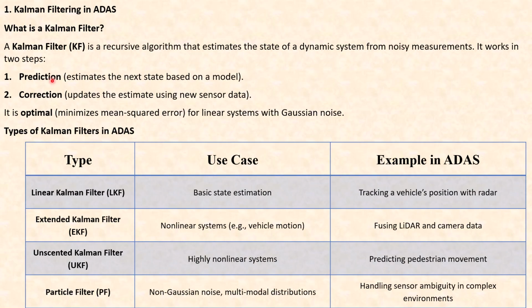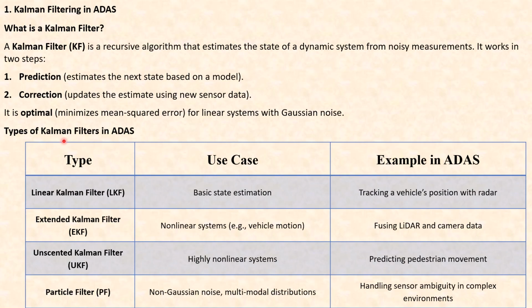It works in two steps. First is predict: it estimates the next state based on the model, meaning extrapolation. When it comes to correction, it updates the estimate using new sensor data. It is optimal, minimizing mean squared error for linear systems with Gaussian noise.